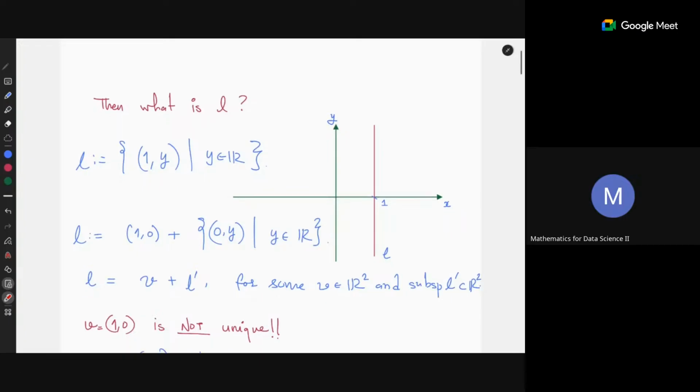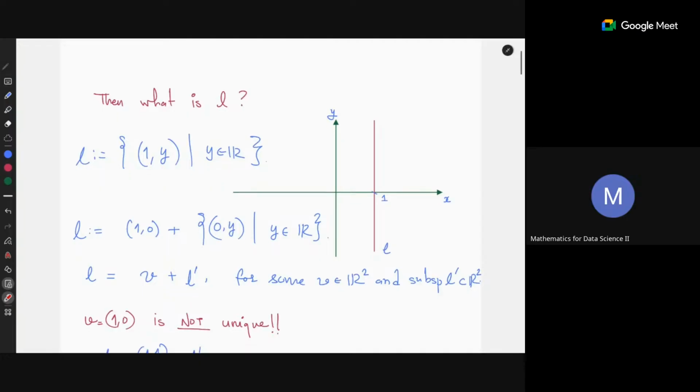Let's call that y-axis L prime, and let's denote the vector (1, 0) by v. Note that this vector lies in L, my original subset. So you can rewrite this subset L as a vector plus a subspace in R2.